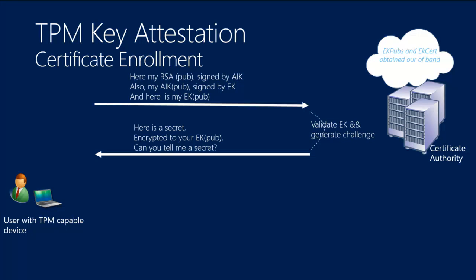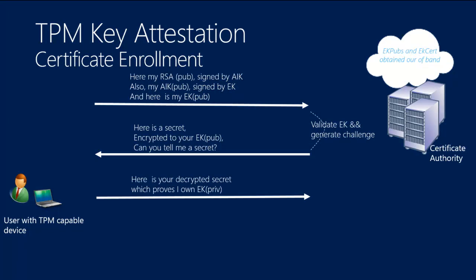And that's what's happening. We're receiving this challenge encrypted to my EK public key. And what the client is doing, it's loading this blob to their TPM. And because the client actually possesses the private portion of this key pair, it can decrypt this challenge. And after that, it's sending back the decrypted challenge and saying, here, you have it.